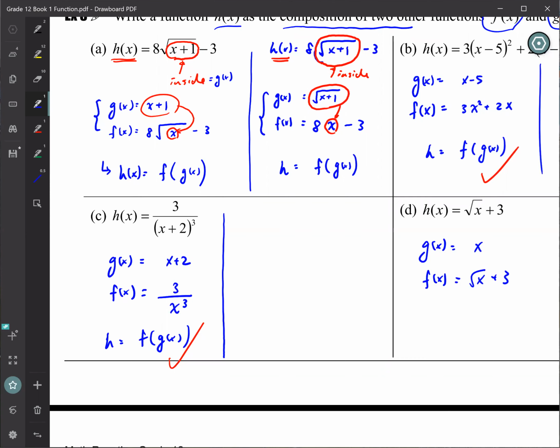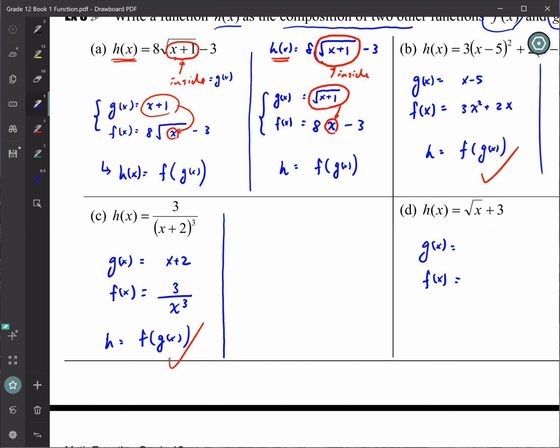So you can have one function is one and then the other function is the original. Let's think of other way. Otherwise, every question you can say one function is x. It's not wrong, okay? Just that I don't think they will want you to do that. It doesn't show.